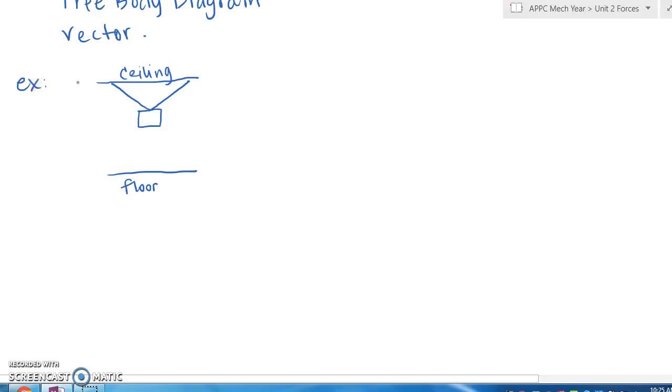Is that object in equilibrium? The sign or whatever that's hanging out there, is it in equilibrium? Sure. And so can you tell me what is the resultant force?